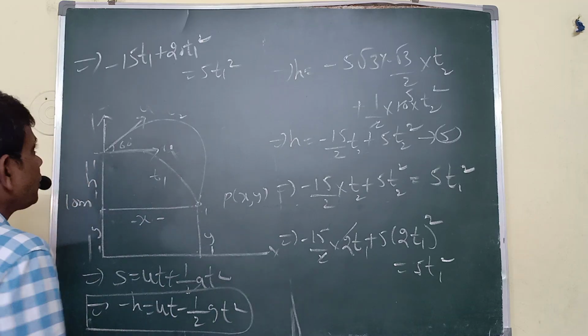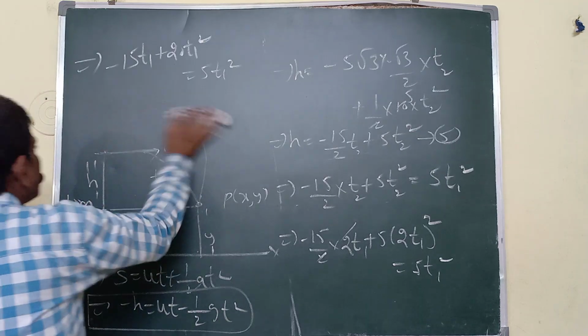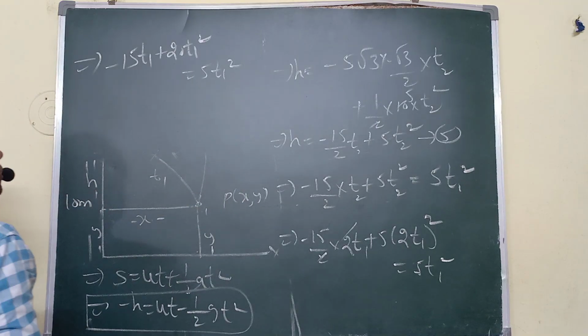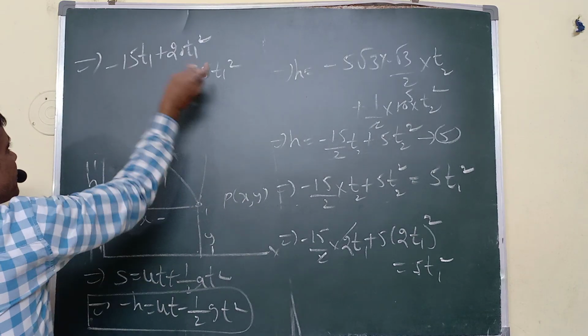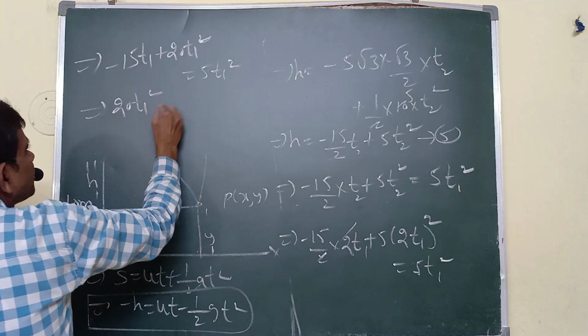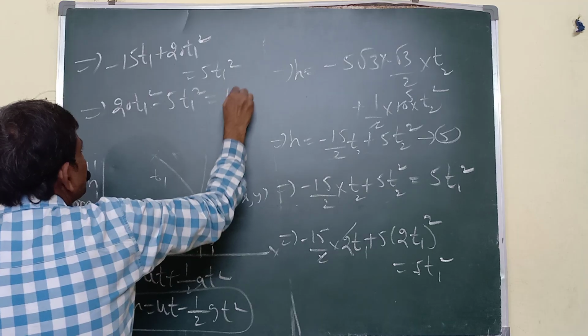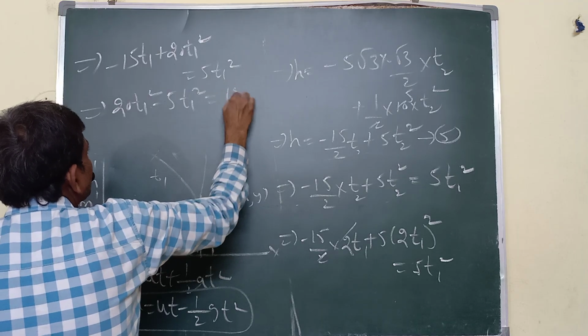Okay. Now we are writing this as, you take that side, 20 T1 square minus 5 T1 square, that equal to 15 T1.